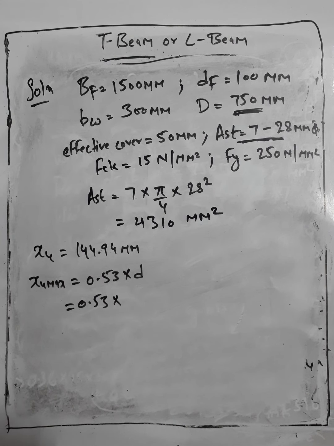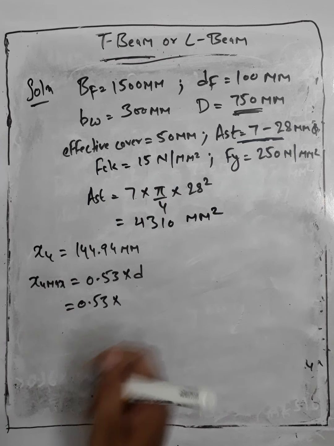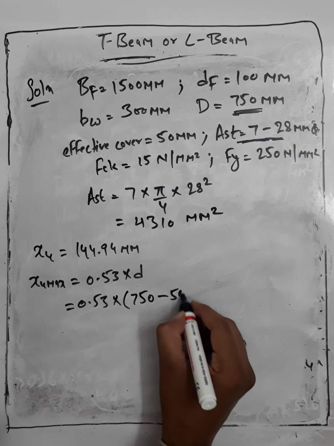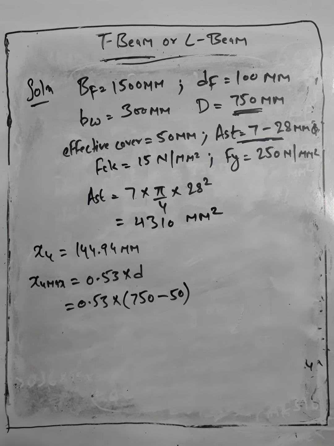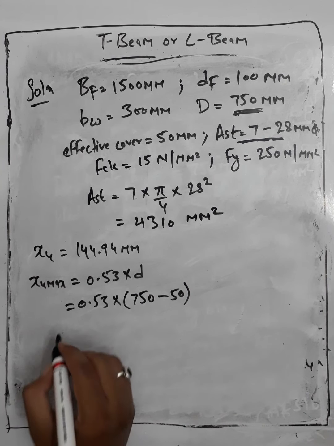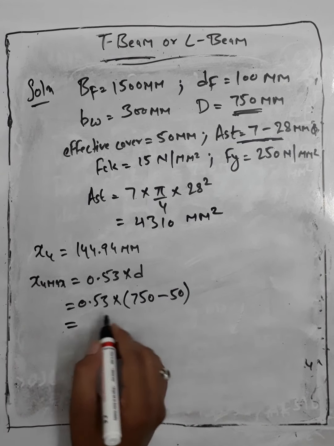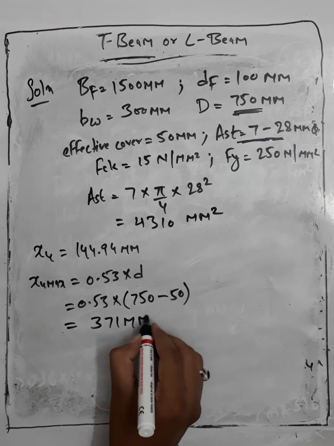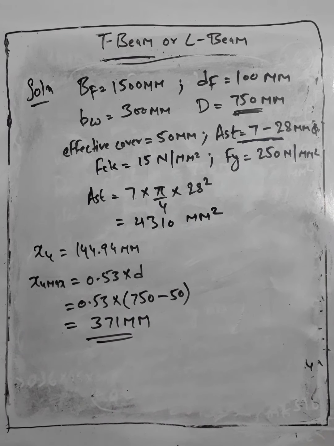So for finding the effective depth, we simply subtract the effective cover. 750 minus 50 means 700. After solving, you get 371 mm as the Xu max.